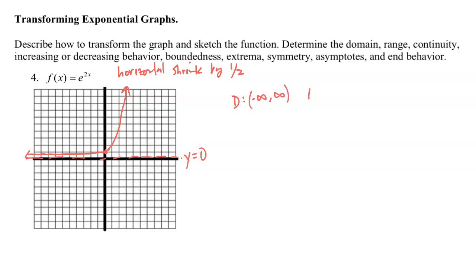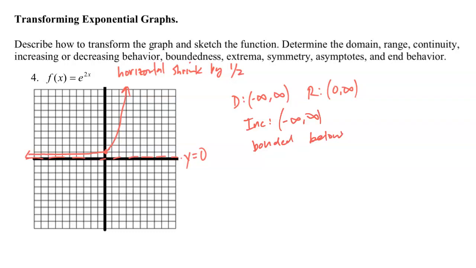And so again, what is our domain? -infinity to infinity. What is our range? Starting at 0 but not including 0 and going to infinity. This is a continuous function. It is continuously increasing on its entire domain, -infinity to infinity. It is bounded below, just like every other exponential function has been bounded below.